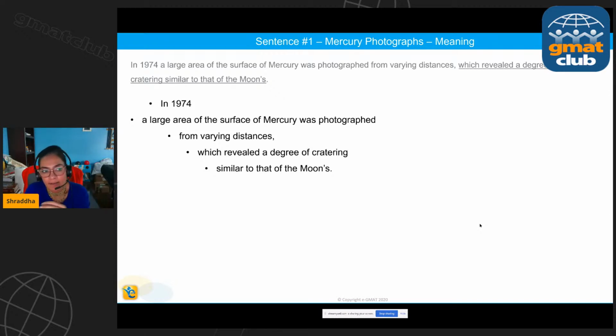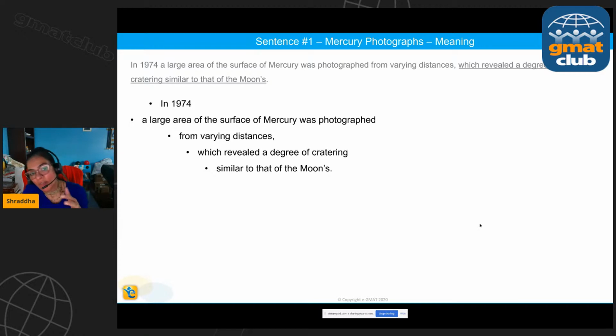A large area of the surface of Mercury was photographed. Okay. So somebody took pictures of a huge area of the surface of Mercury from varying distances. The photographs were taken from different distances, which revealed a degree of cratering on the surface of Mercury similar to that of the moons.